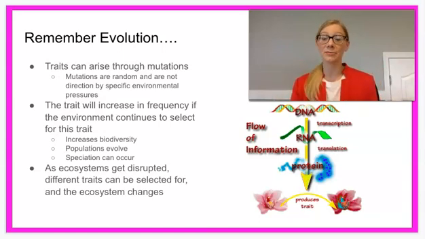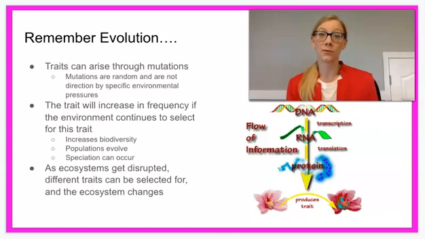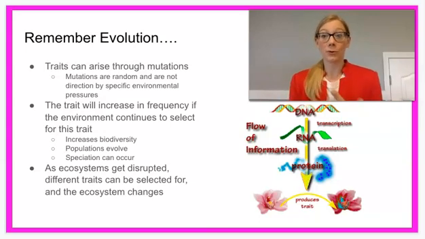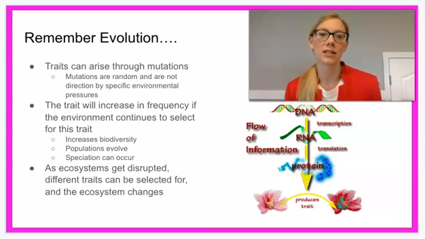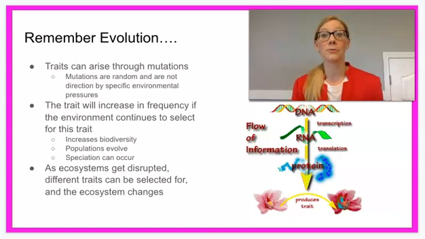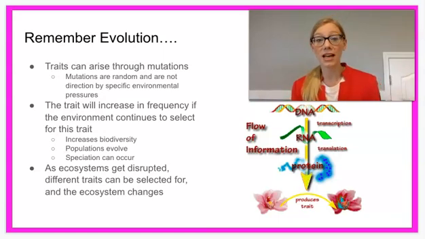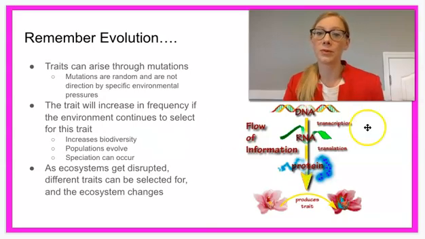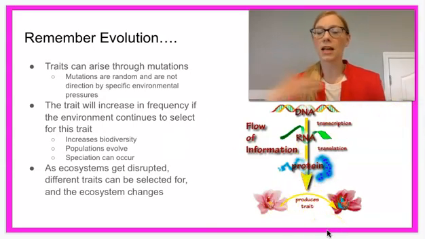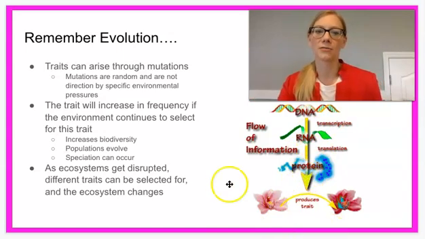They just happen to be there and they get selected for or selected against based on if they are helpful in survival under those given conditions. We see a trait increase in frequency if the environment continues to select for that trait, if it is beneficial. And remember, we go DNA, RNA, protein, and that produces our phenotypes, our traits that we're talking about.